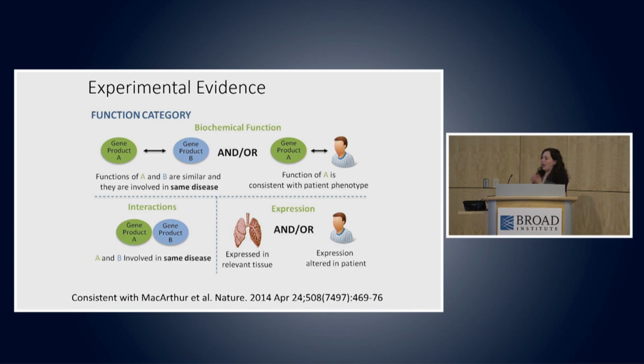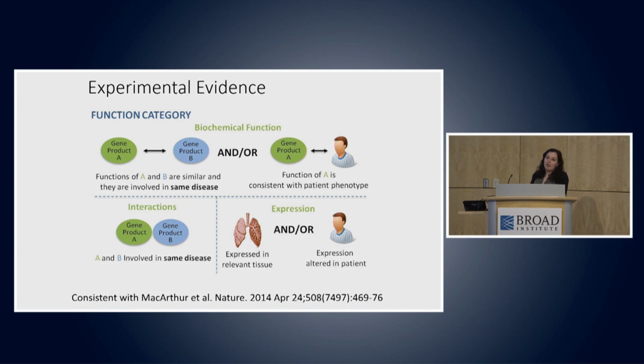And so in the function category, we start off with biochemical function. The first one being if A and B are two genes that are similar, and their functions are similar, and they're involved in the same disease, you can score that as evidence. But one of these has to already be definitively associated with the disease.